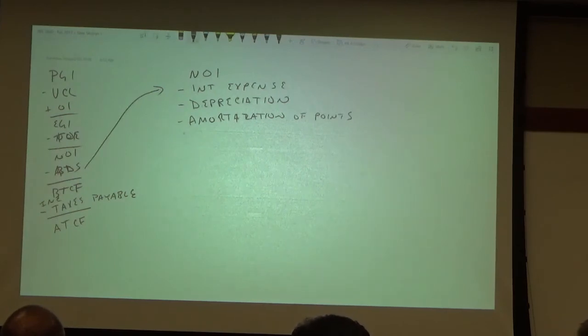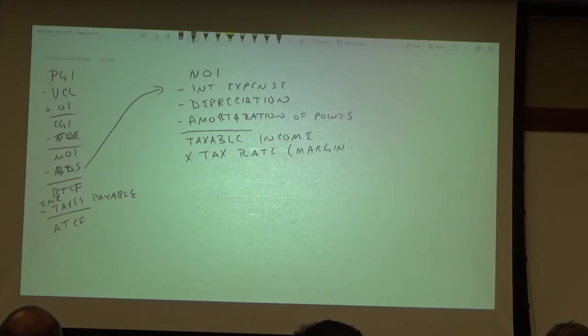So we do all of that. That gives us what we're going to call our taxable income. Then from that, we're going to multiply by our tax rate, which is usually going to be our marginal tax rate for the purposes here.